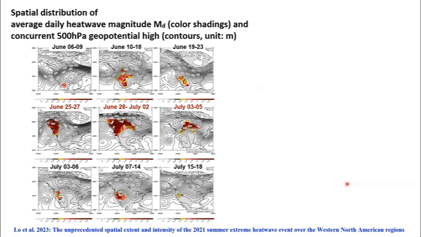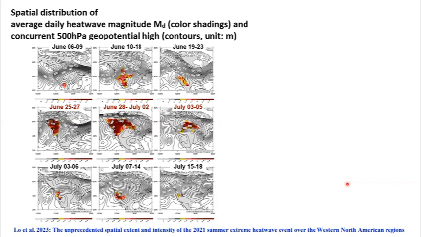And going back to this 2021 summer, this particular event occurred in the early summer in that particular place. It actually started from late June to early July, and lasted probably only 10, 11 days. But even before and after that, in Western North America, there were also two other events.